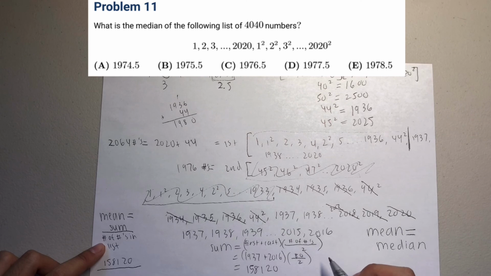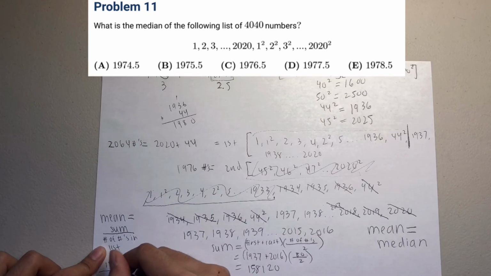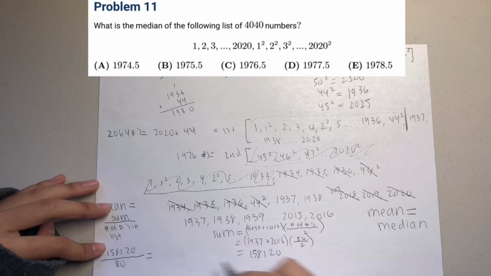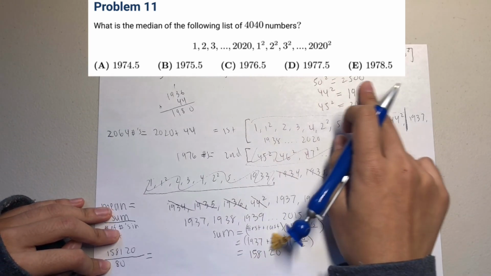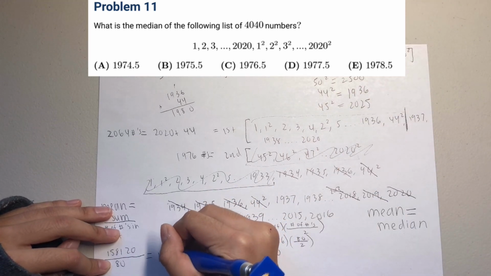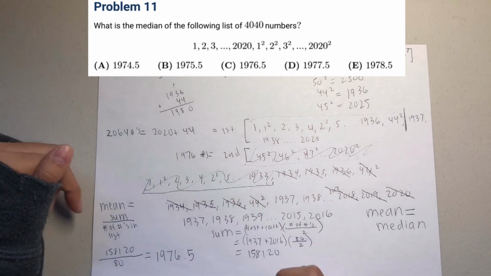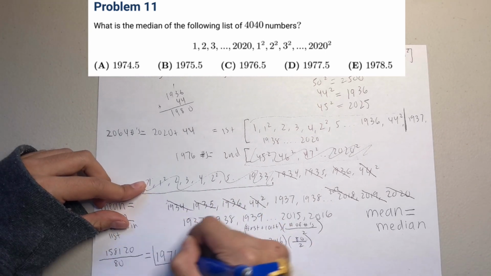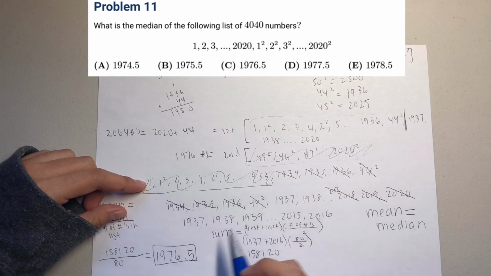So we already found out that there are 80 numbers in this list. The mean, which is also equal to the median of this, and by extension this entire complete list, is equal to 1,976.5. And so if we look back at the answer choices, we can see that 1,976 is answer choice C.